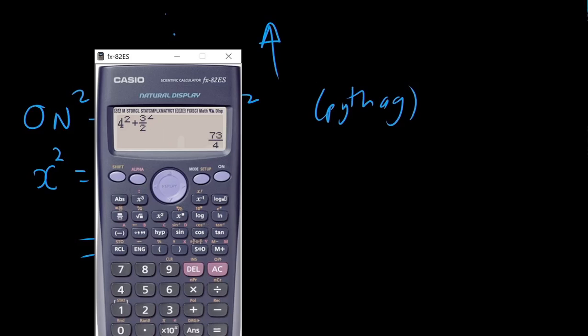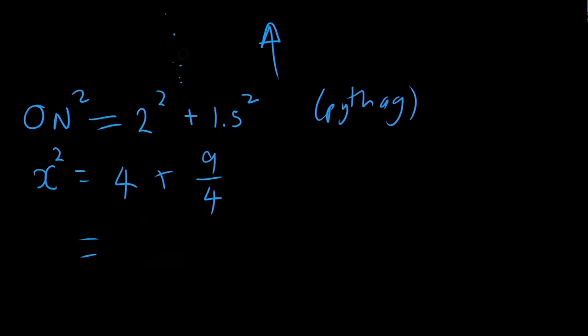And that gives me, I've gone and done something silly, it was actually 2 squared, which is 4. So it's 4 plus 3 over 2 squared, which is 9 over 4. In fact, I would be quicker doing this without the calculator, it seems. 4 plus 9 over 4 gives me 25 over 4.